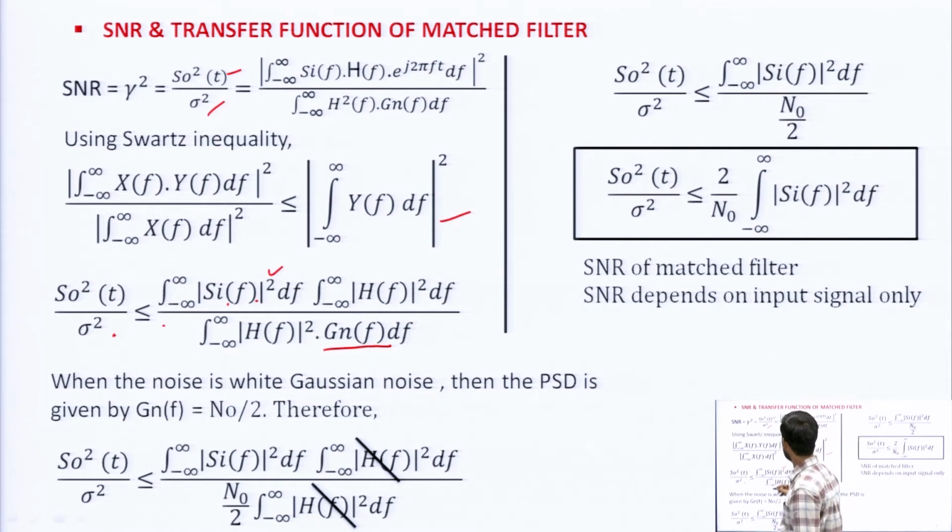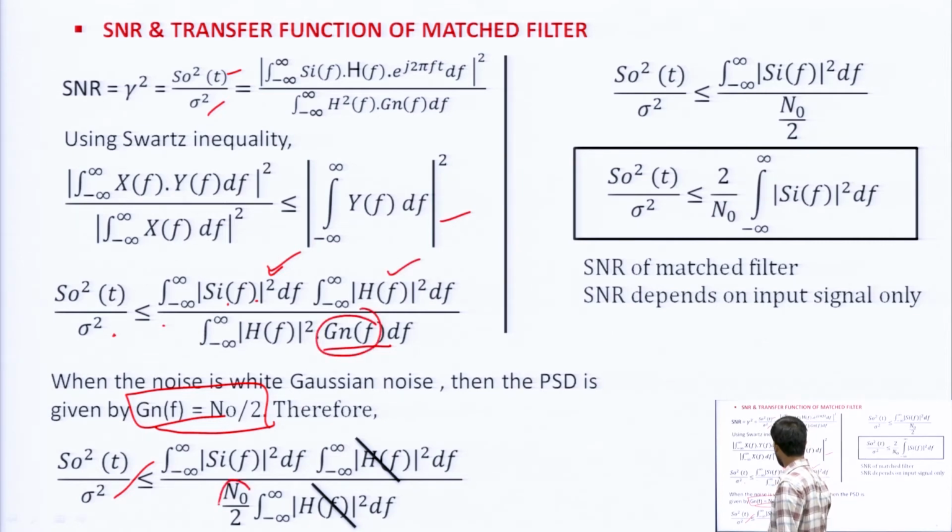You can see that when the noise is white Gaussian noise, the PSD is given by n naught by 2. This is the important point. So for white Gaussian noise, Gn of f is nothing but n naught divided by 2. Therefore s naught square divided by sigma square is less than or equal to the integration of the magnitude squared of psi of f df multiplied by h of f squared, with Gn of f as n naught by 2.